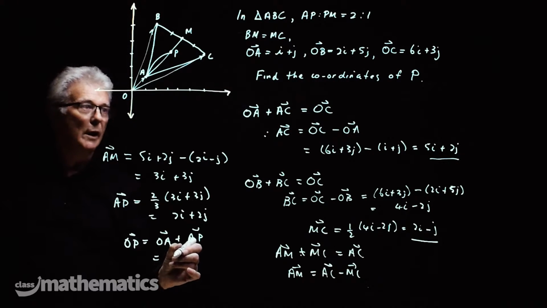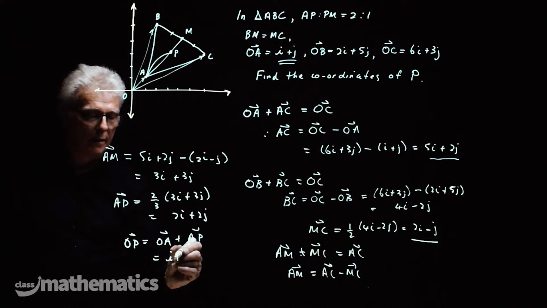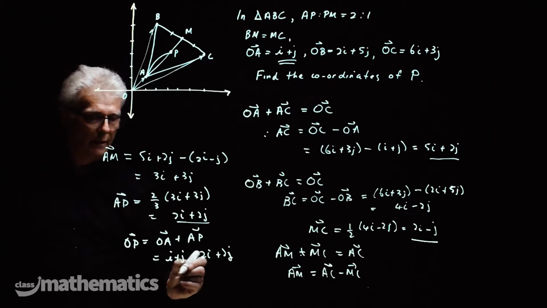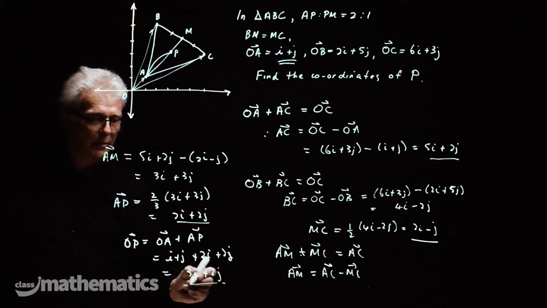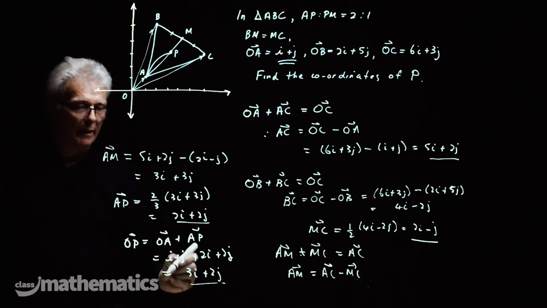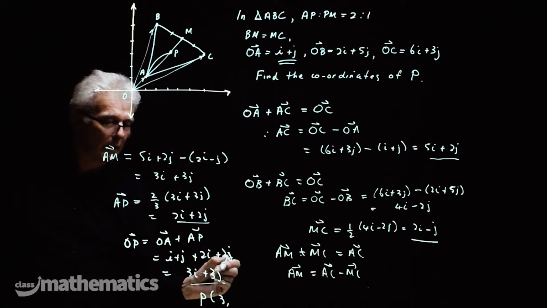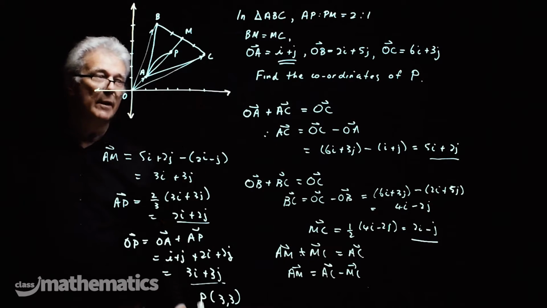And OA we know is i plus j, and this one is 2i plus 2j, which gives me 3i plus 3j. Now this is the position vector OP. Being the position vector, then the coordinates of P must be 3, 3. And that's the coordinates of the centroid worked out using vector methods.